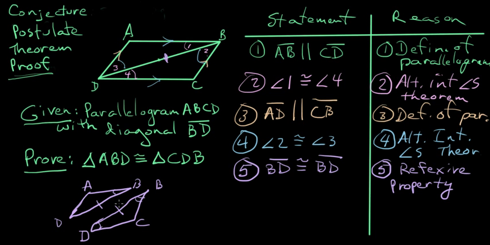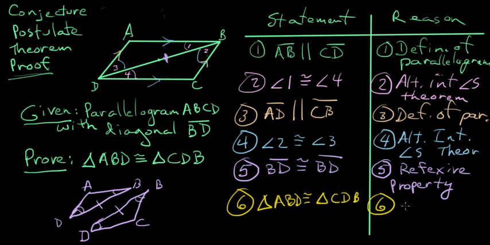And I got this angle congruent to this angle. So what do you suppose that means? Angle, side, angle. So from that I can write down here, number 6, I can say triangle ABD is congruent to triangle CDB, and the reason is angle, side, angle.